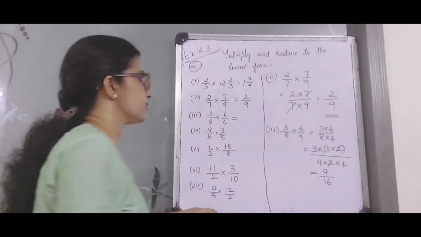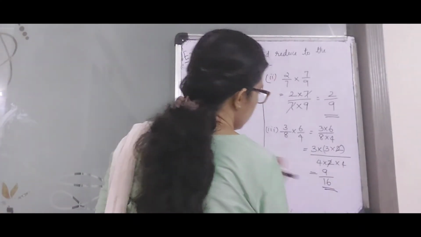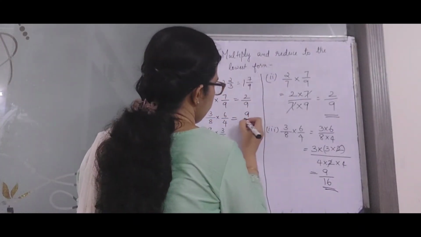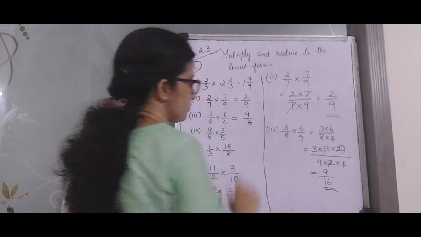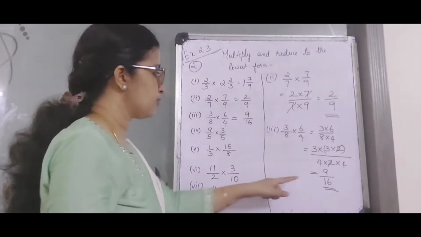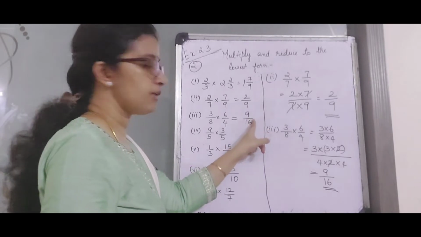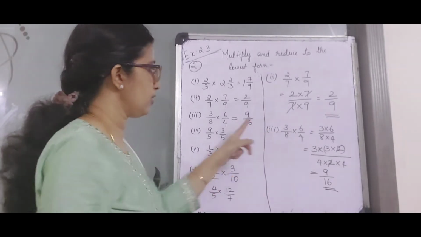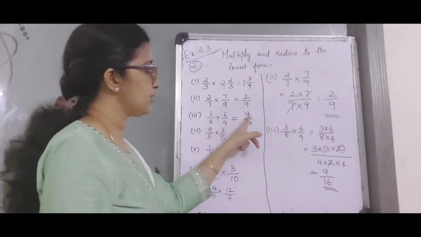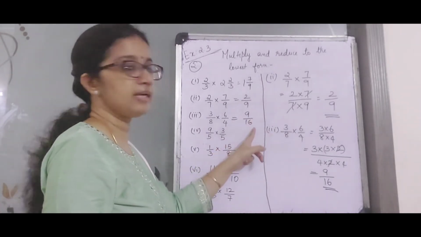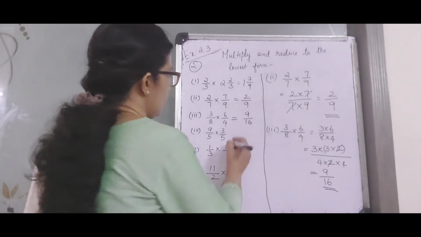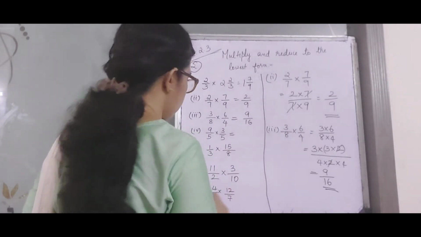Okay, 9 by 16. So the answer for the third one is 9 by 16. Okay, there is no common factor, so let it be like this. Okay, now let's take the fourth question.